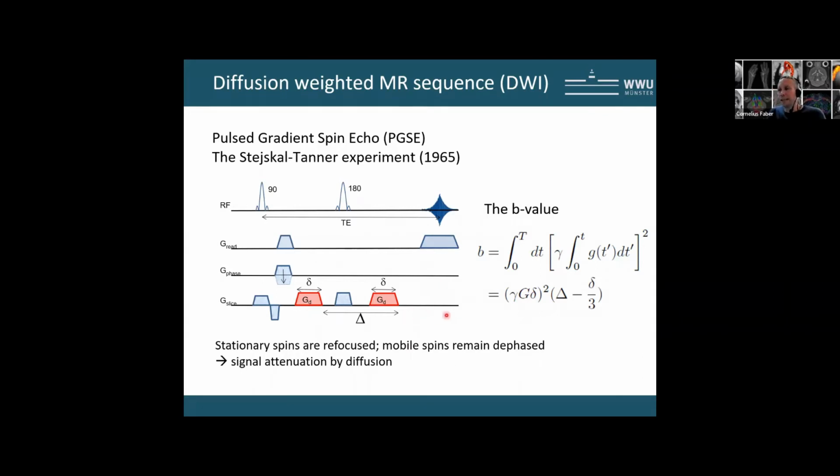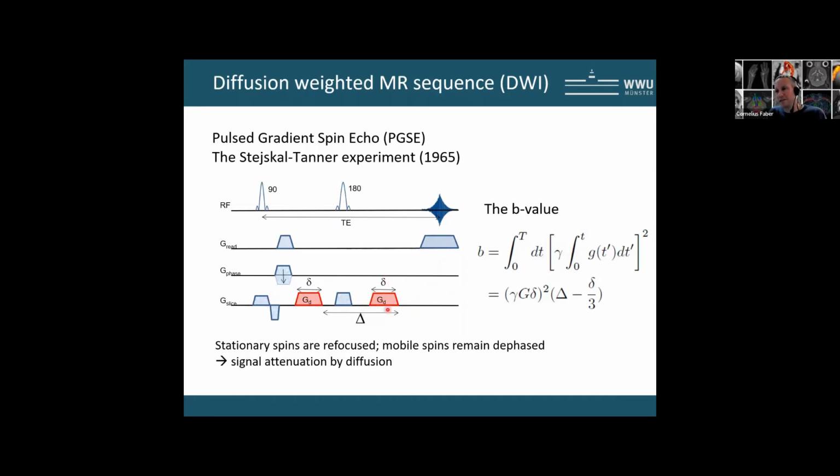And what we can use to describe this signal attenuation is the so-called b value. We'll also get back to that in a minute. But the b value can mathematically be calculated as this double integral here over the whole sequence duration, so over these 2 gradients.